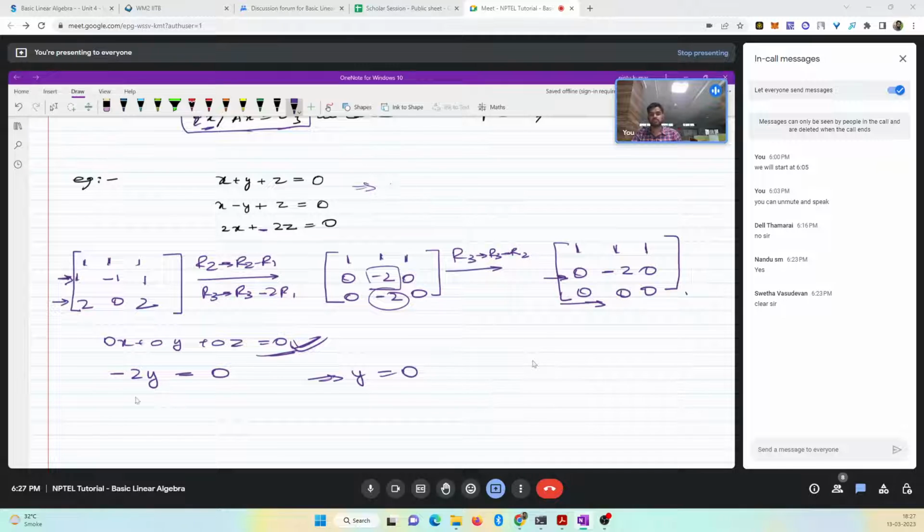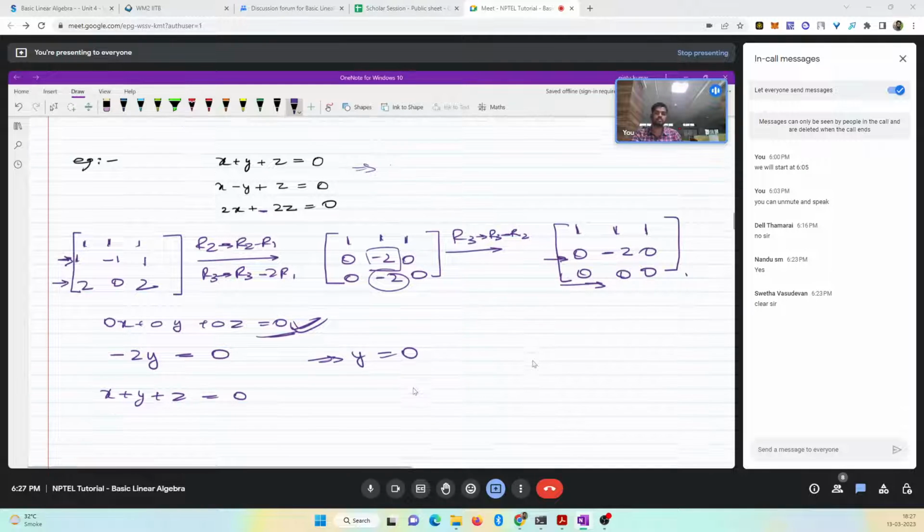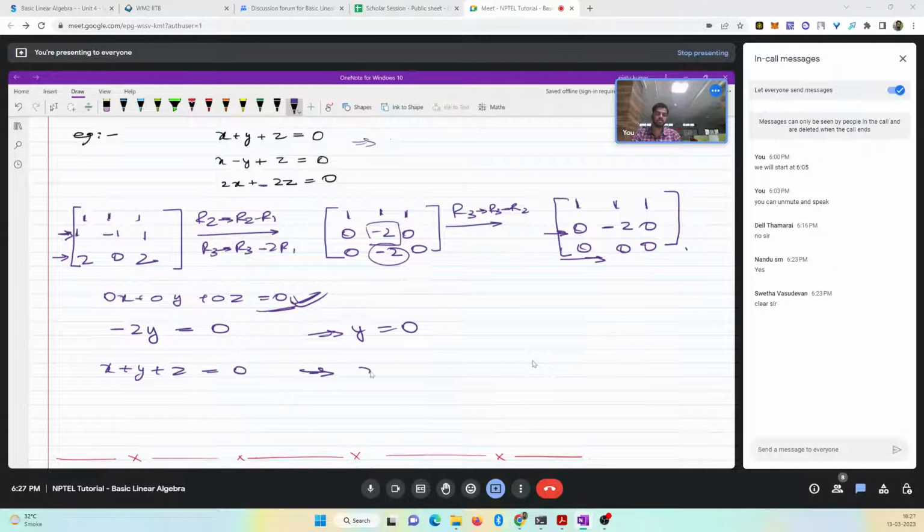Now let's go to the first row. This says x plus y plus z is equal to 0. As my y was already 0, this implies that x plus z is 0. Now this is our solution space. The rank of this matrix is 2, since you have 2 pivot elements.